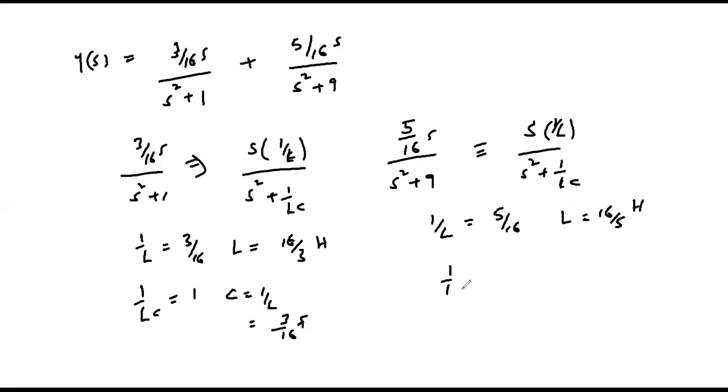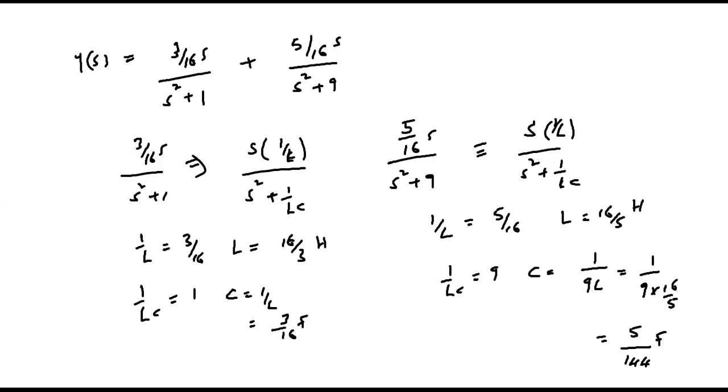Then 1 over LC is equal to 9, the constant in the denominator, from which C will be 1 over 9L, which is 1 over 9 times 16 over 5, and this will give us 5 over 9 times 16, which is 5 over 144 farads.